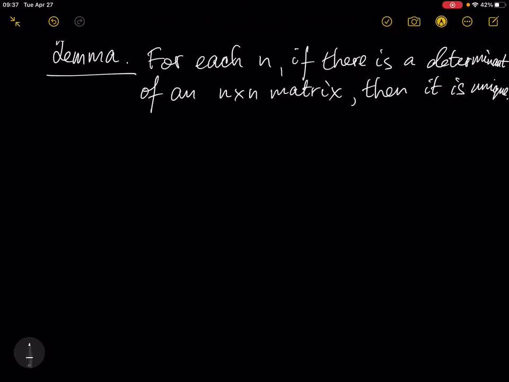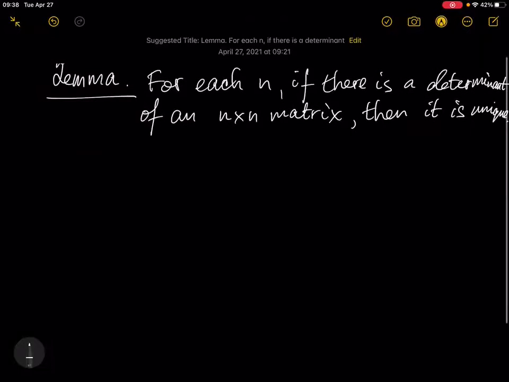What is interesting is that it immediately follows: it doesn't matter how I introduce it, if it satisfies all these conditions, I can apply these elementary row operations, bring it to the row echelon form, and multiply elements on the diagonal. That's it. This will be the value of the determinant, no matter how I define this function.